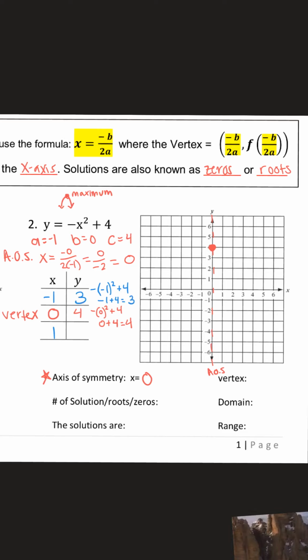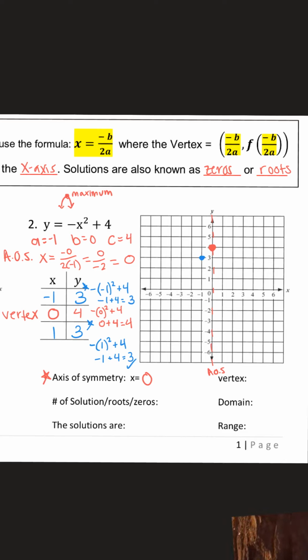Now because parabolas are symmetrical, since this is 3, this one should also be 3. But let's check, let's make sure. So -1 squared plus 4. Well, that's still 1, so that gives me -1 plus 4. That still gives me 3, so it checks out. Okay, so -1, 3, that's right here.